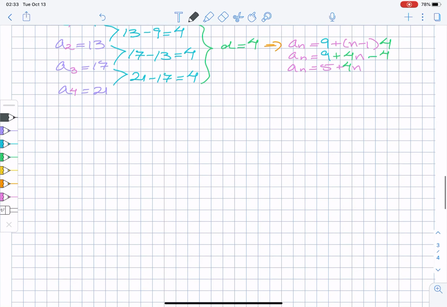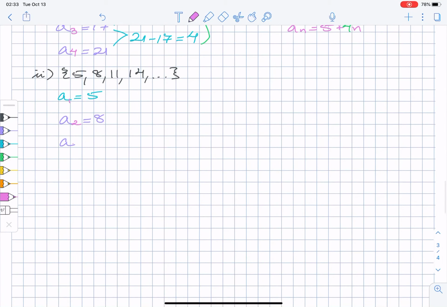So number 2. Let's say we have the sequence 5, 8, 11, 14, etc. So we have that a sub 1 is equal to 5, a sub 2 is equal to 8, a sub 3 is equal to 11, a sub 4 is equal to 14.